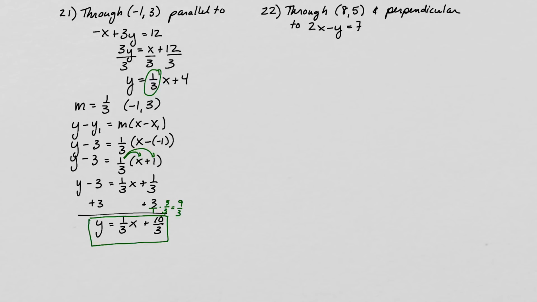So we still have to do the same thing we did before and take this equation and solve it for y and figure out what the slope is. Because perpendicular lines have opposite reciprocal slopes.